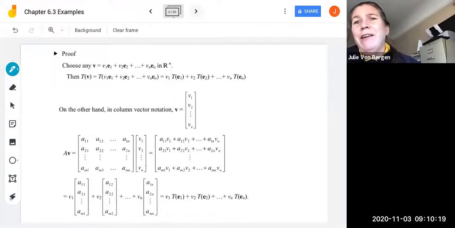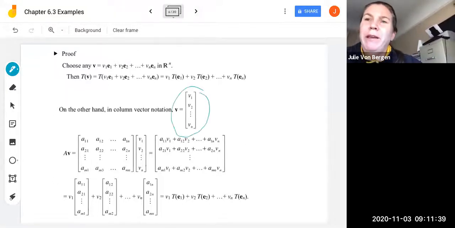You can choose any vector v that's a combination of v1 multiplied by e1 from the standard basis through vn multiplied by en in the standard basis. And these v1 through vn would be the real numbers for each entry in vector v.